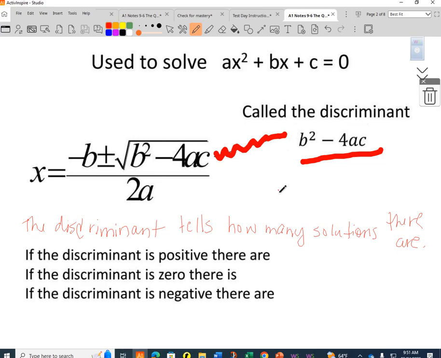Give you a pencil. All right, so if we find our A, B, and C and we plug it into just this part of the quadratic formula, we can tell how many solutions there are to this quadratic equation. If the discriminant is positive, let's underline positive, there are 2 solutions.